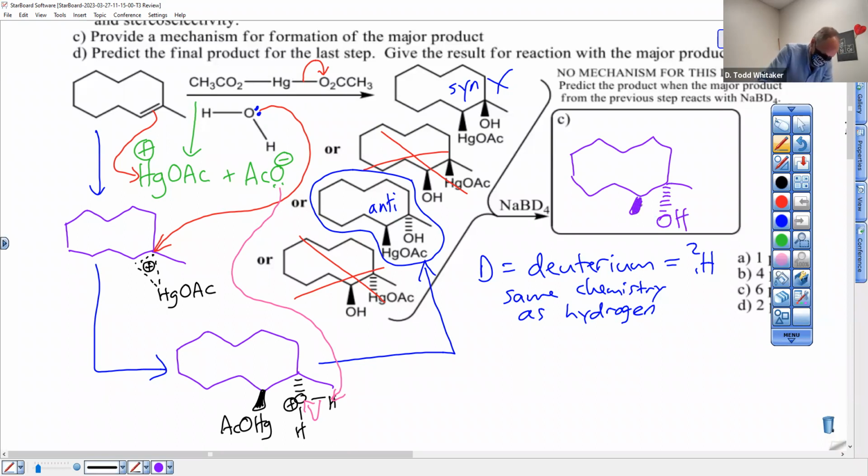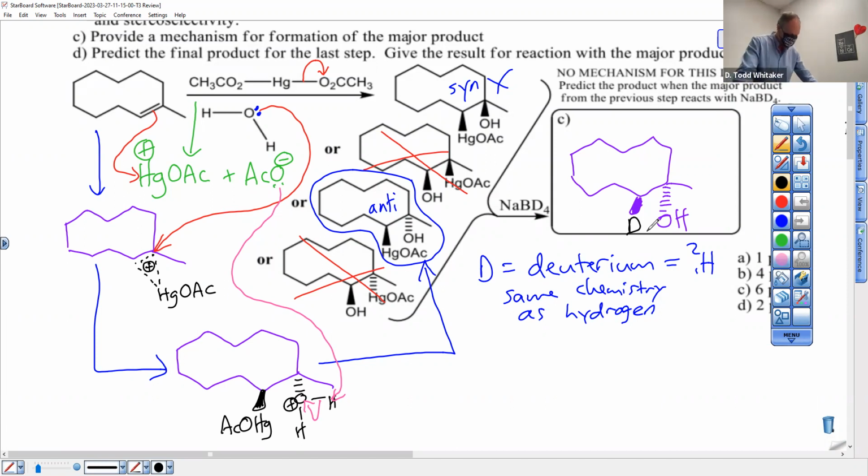Hydrogen, but in this case we have a chemical equivalent to hydrogen, D. Put D there. If it was NaBH4, you'd put an H there, but then I wouldn't know that you knew this one fact. If there was an H here, you'd have two H's and I wouldn't be able to grade wedge or dash. But by using D, there's only one. So I want you to know the D goes exactly where the mercury was.